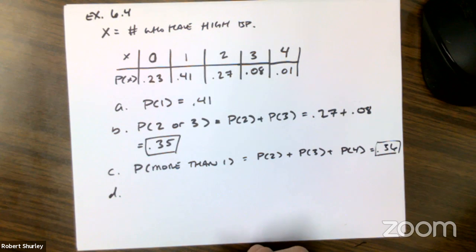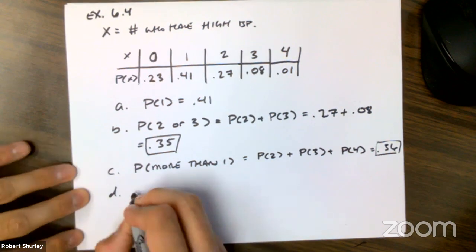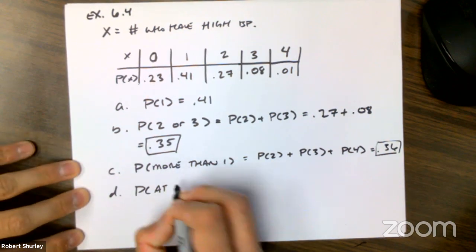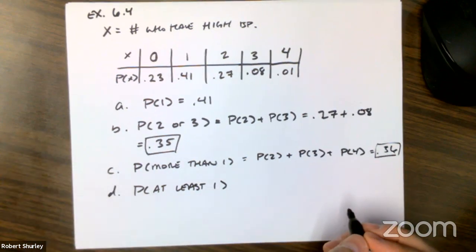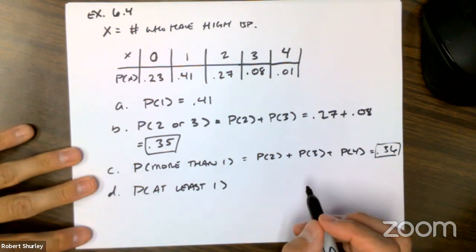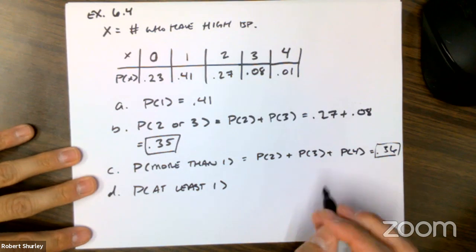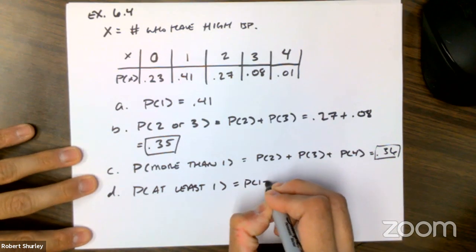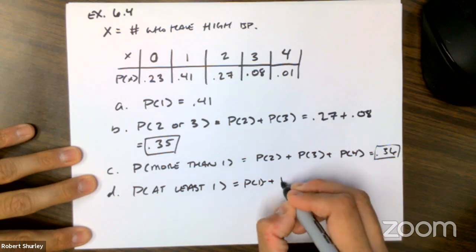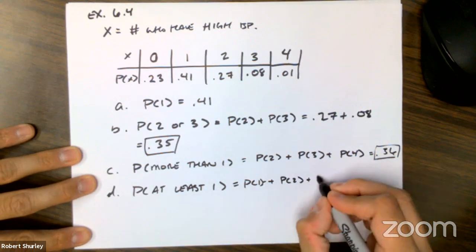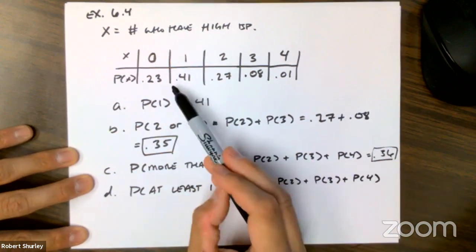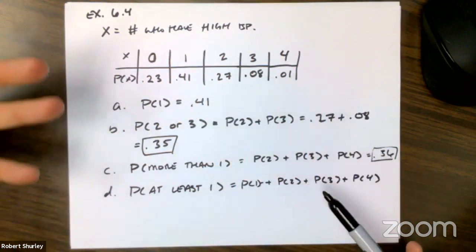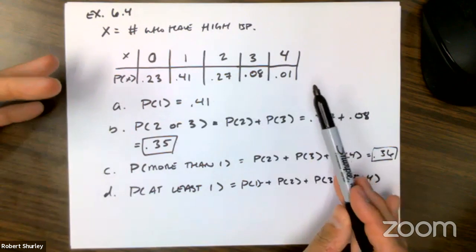And then the last one is the probability of at least 1. Now look, we can add up 1, 2, 3, 4. You're more than welcome to do that, and honestly, we have calculators, so it's not going to take that much more time.